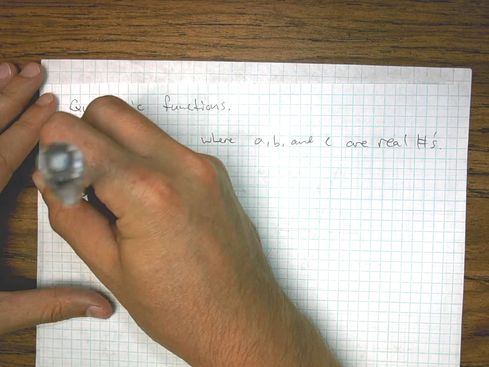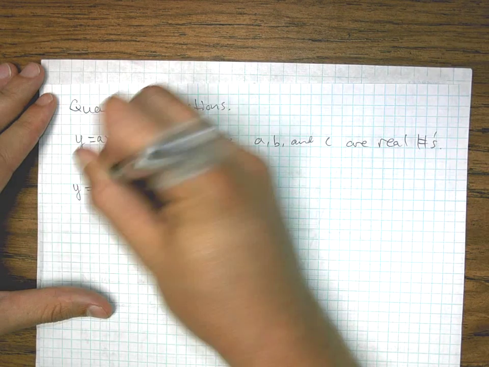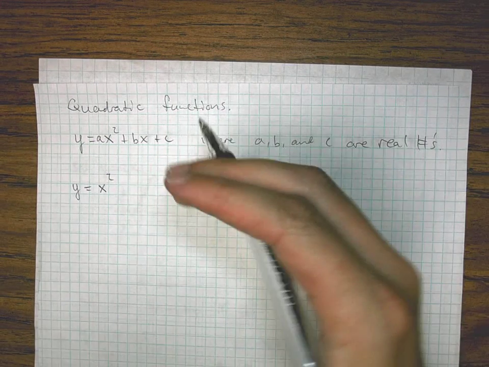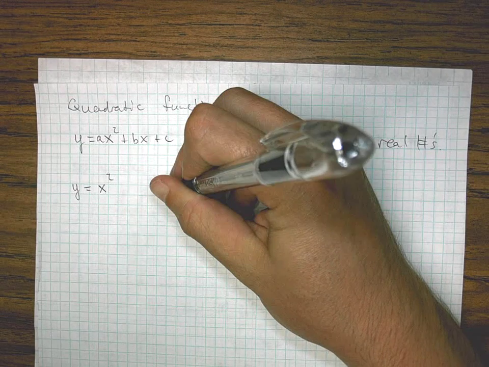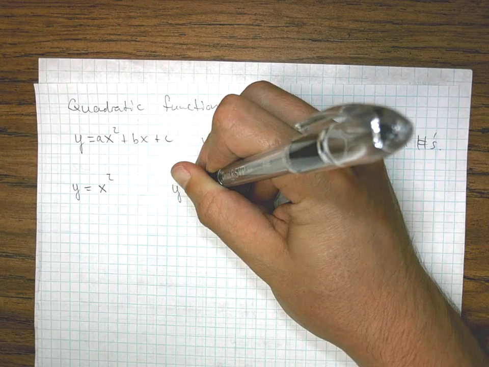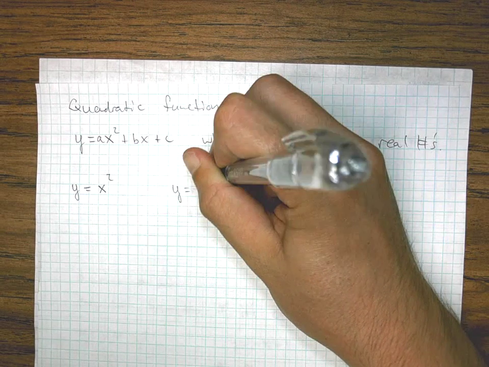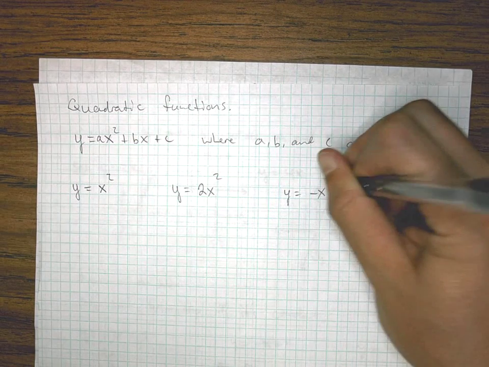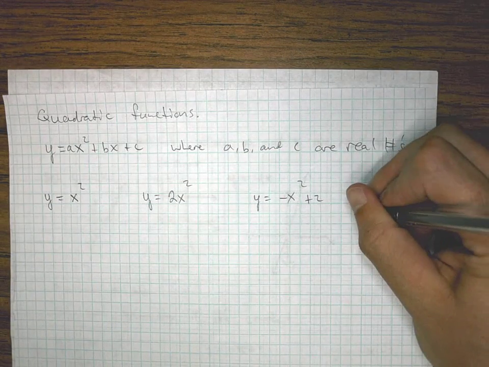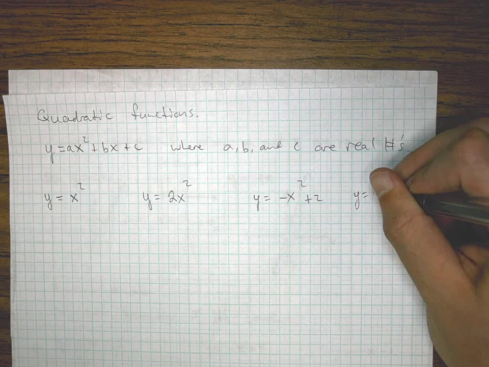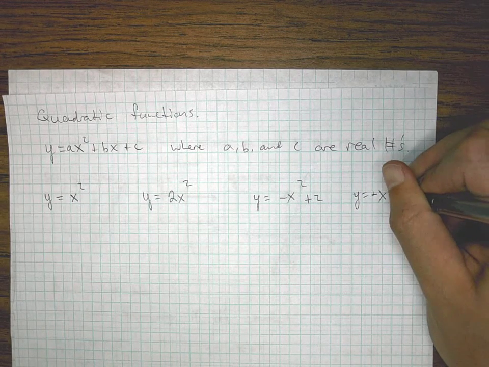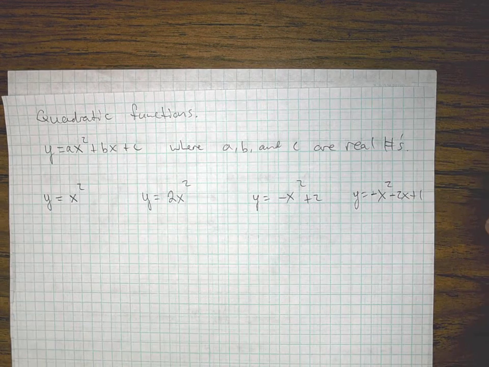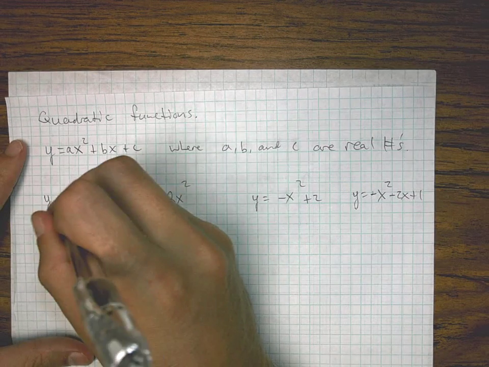So here's one example, y equals x squared. That's the mama function, the main function that everything else is shifted from. You also have y equals 2x squared, y equals negative x squared plus 2, or y equals negative x squared minus 2x plus 1. Okay.